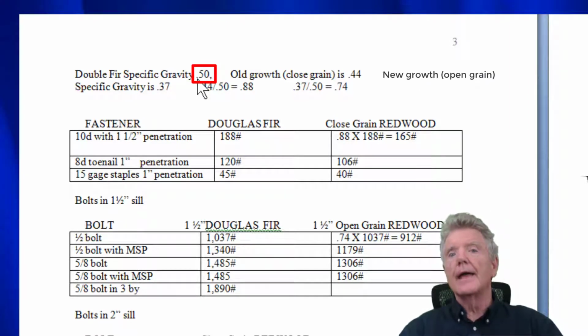Everything is based on that, in that all the tests that were done on hardware have always been on Douglas fir. And then if you change to a different piece of wood, if you go from Douglas fir to redwood, let's say, you have to use a multiplier so that you can do a conversion to see what the strength would be in redwood.